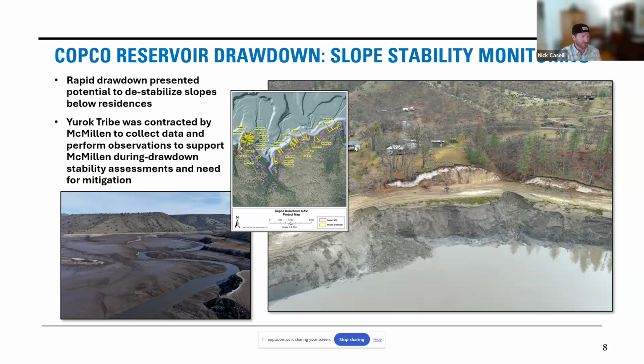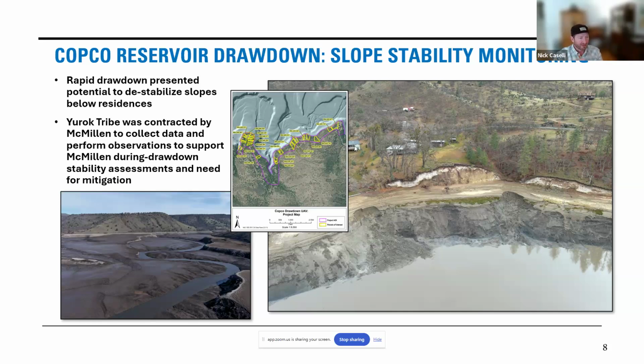Estimates are probably between 10 to 20 vertical feet of drop in Copco Lake during drawdown. So pretty impressive. And when you're getting 15 or 17 feet of vertical drop, this horizontal landscape is just emerging by the hour.